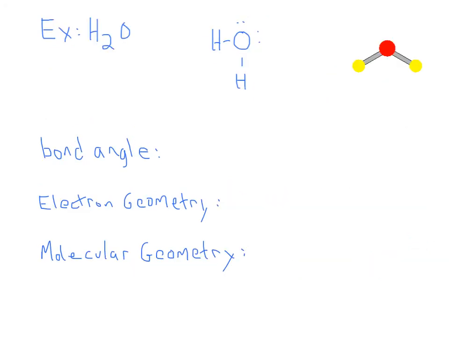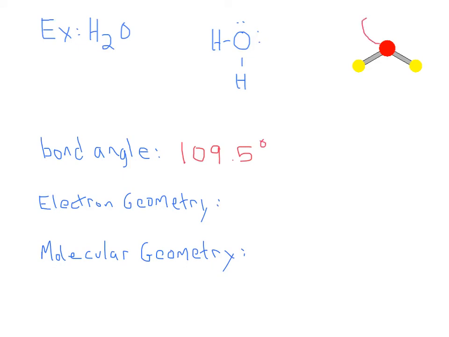Here's another one. This is water, H2O. Again, the central atom is O in this case, with 2 hydrogens coming off of it. But now you can also see there are 2 sets of lone pairs. And here's the ball and stick. So again, the bond angle for this one, being a 4-body entity, would be 109.5.